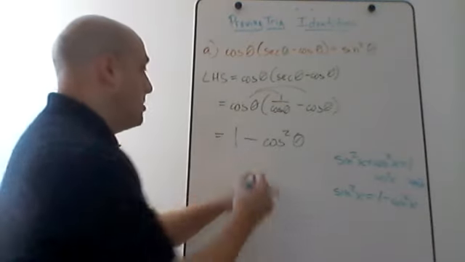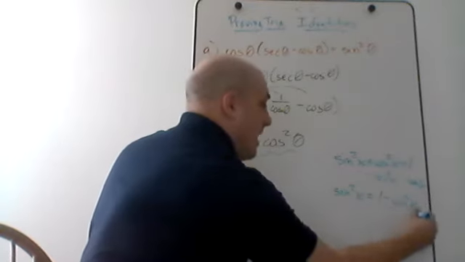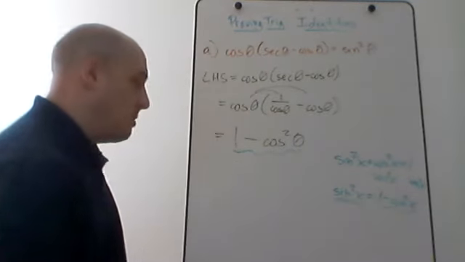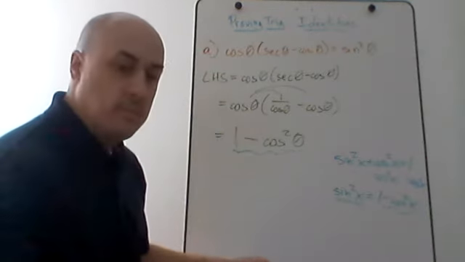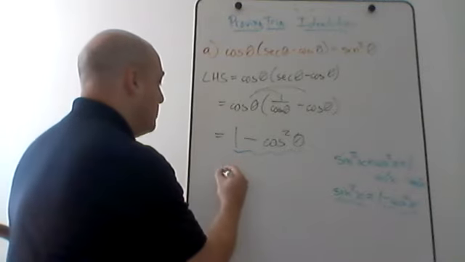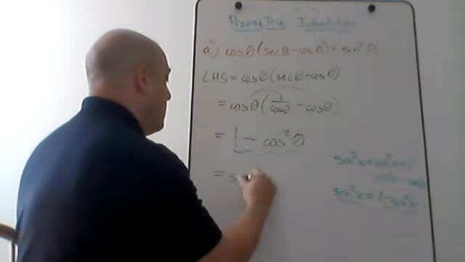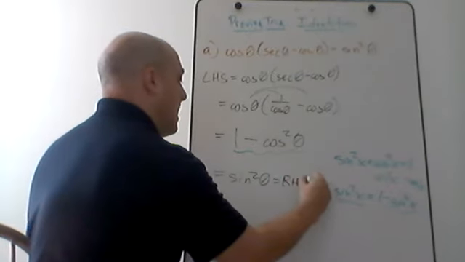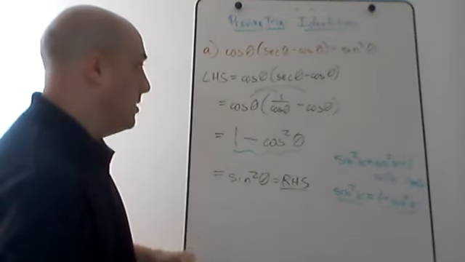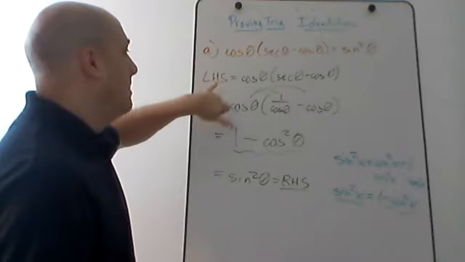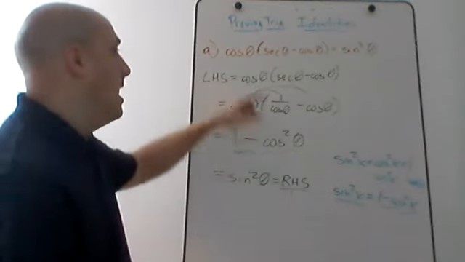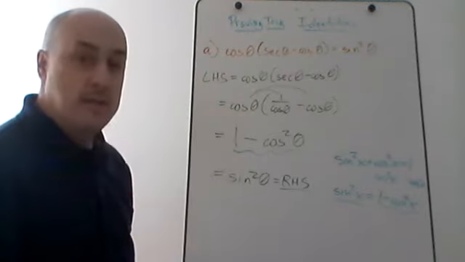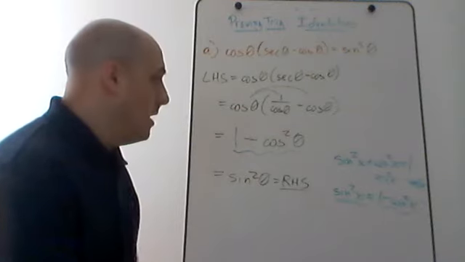And so this expression, 1 minus cosine squared of x, equals sine squared of x. So 1 minus cosine squared is equal to sine squared theta, which is the right-hand side of my equation. And so I've just proved that the left-hand side equals the right-hand side, and so I've proven that this identity is absolutely true.